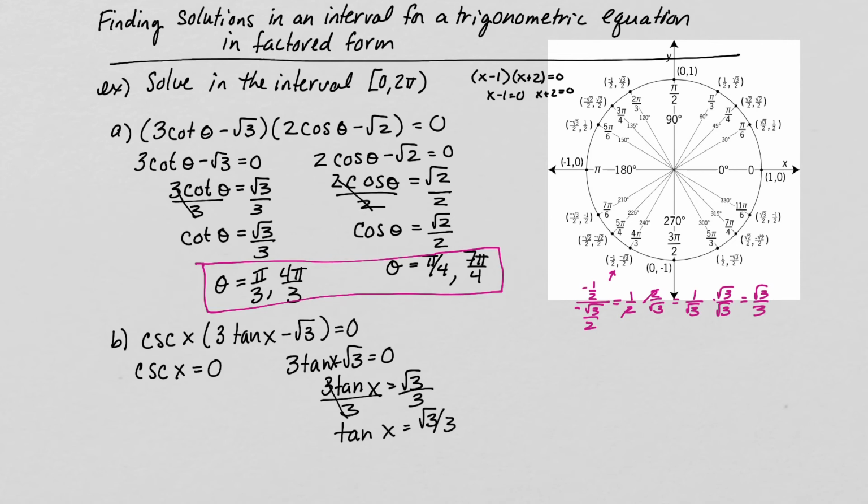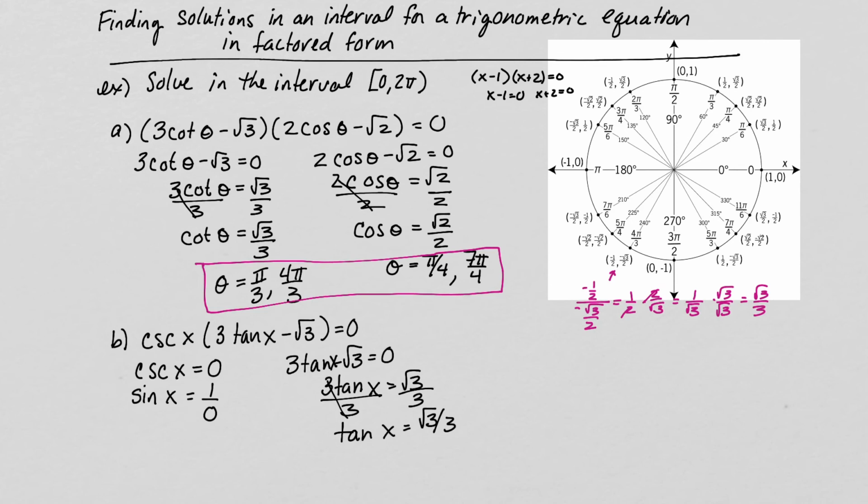Remember, cosecant is 1 over the y value, because cosecant is 1 over sine. So this is saying that 1 over sine of x would be equal to 0, which can never happen, because 1 divided by anything is never 0.